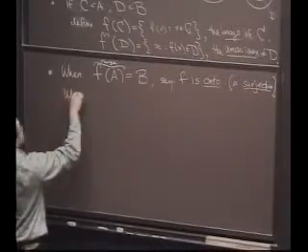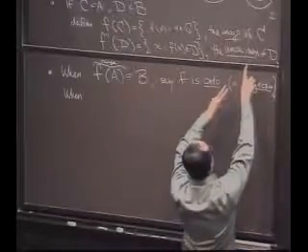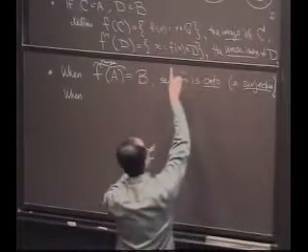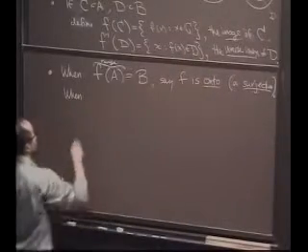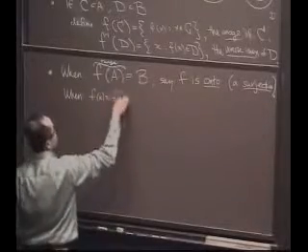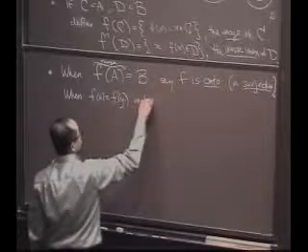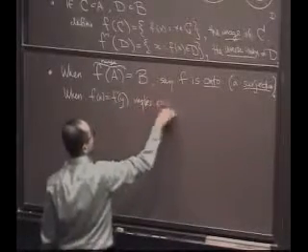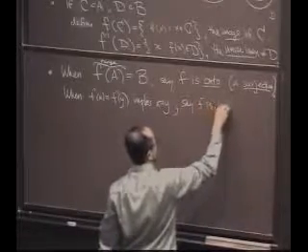What else? Well, let's see. That's when you hit everything, and now if it never has multiple points getting sent to one point, we'll say it's one-to-one. And there's another way to say that: if the image of 2 points being equal implies that x and y are in fact equal, we'll say f is 1-to-1.